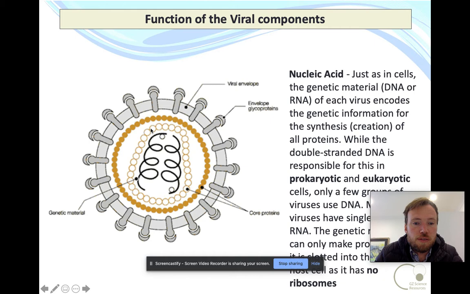So it has the instructions for the capsid and for the envelope, all of those sort of things, any protein, any part of the virus. Sometimes it will be double-stranded DNA, but sometimes it'll be single-stranded RNA, and that just depends on what sort of cell it is targeting. It needs the machinery of a cell to get it to work.